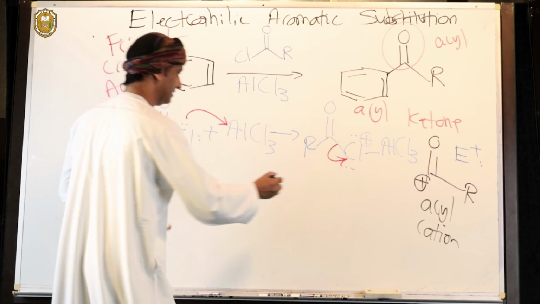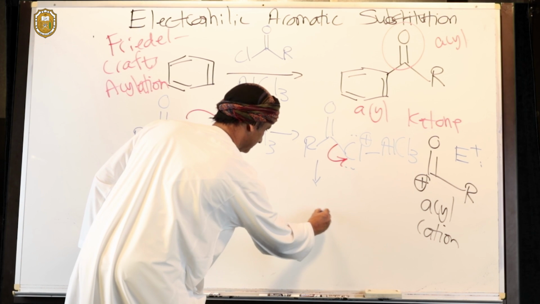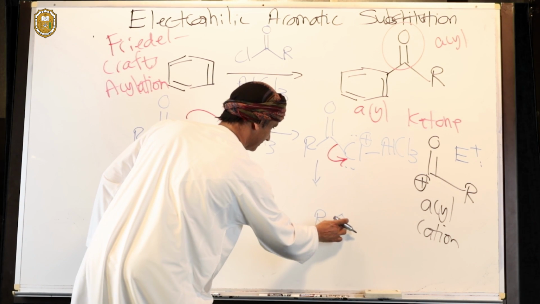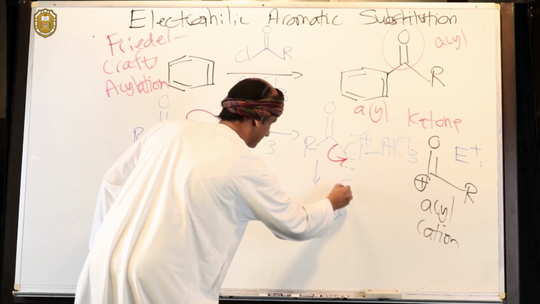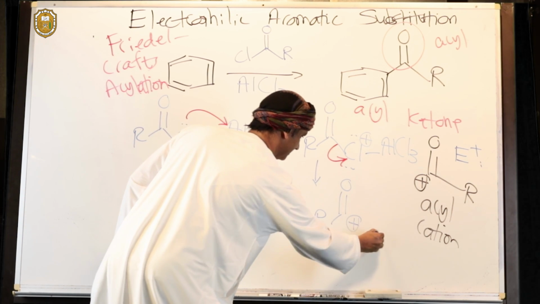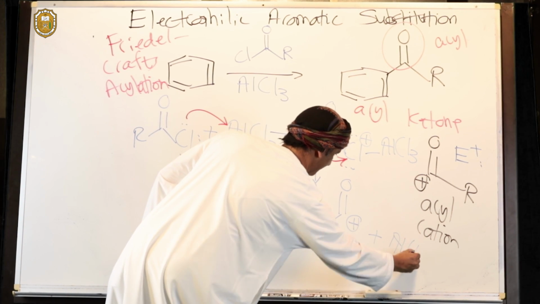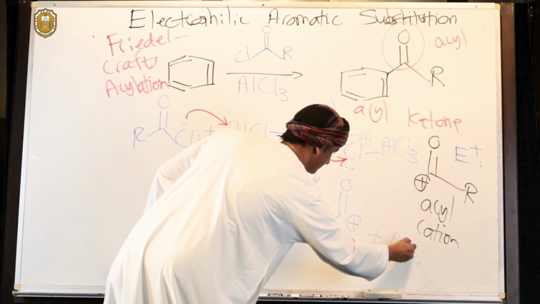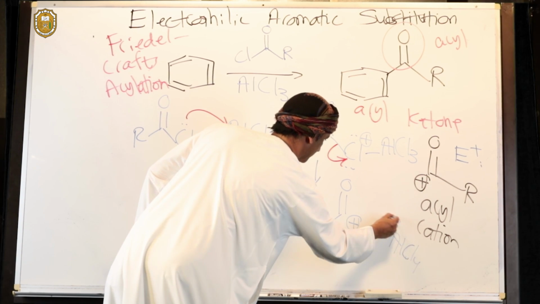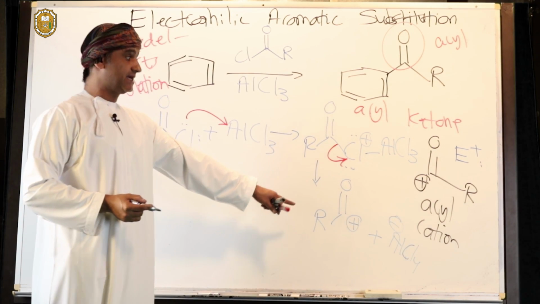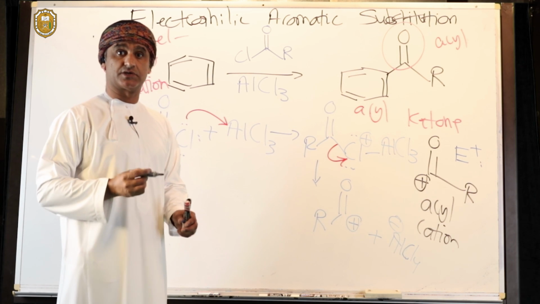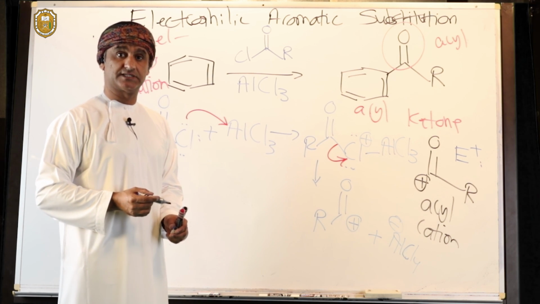And if it's broken, then we get this acyl cation plus AlCl4 minus. So this is the acyl cation, which is exactly the one that's required in this electrophilic aromatic substitution reaction.